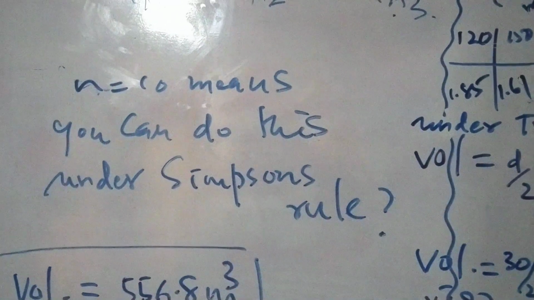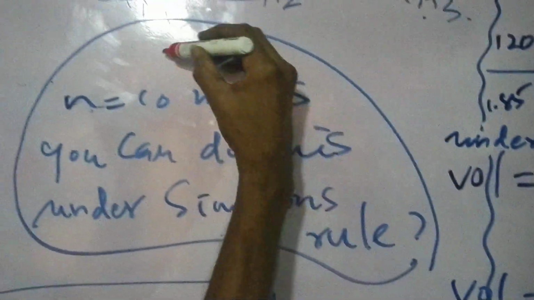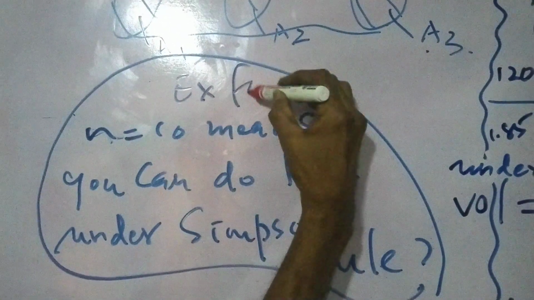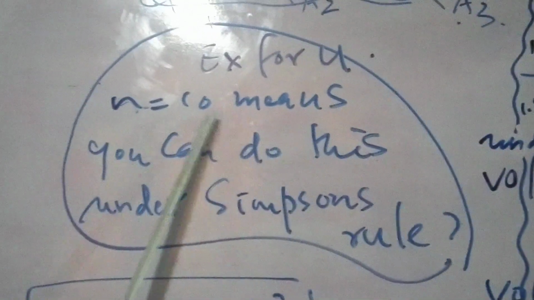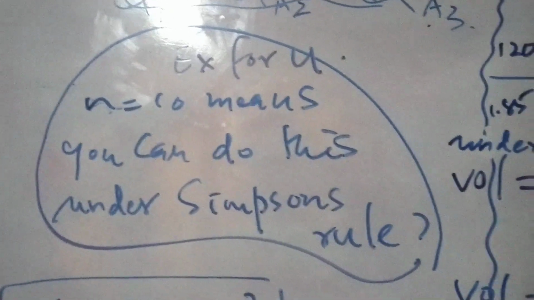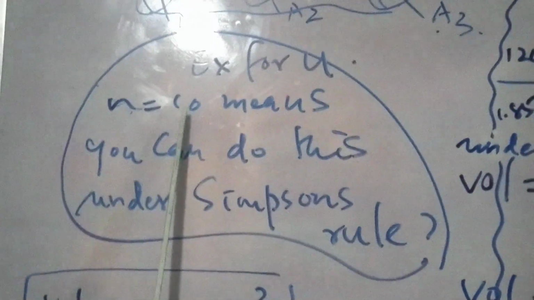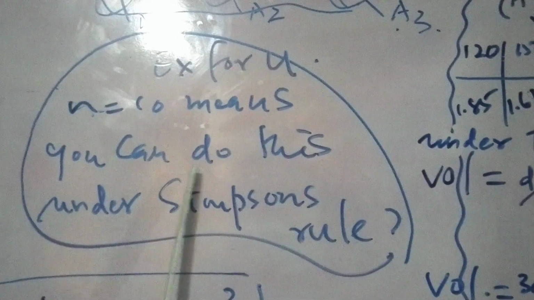This is the exercise for you. N equals 10 means it is even, so this sum can be done with Simpson's rule also. You want to do this, right?